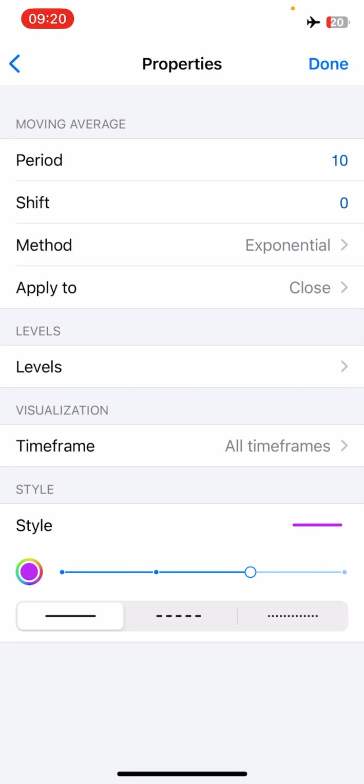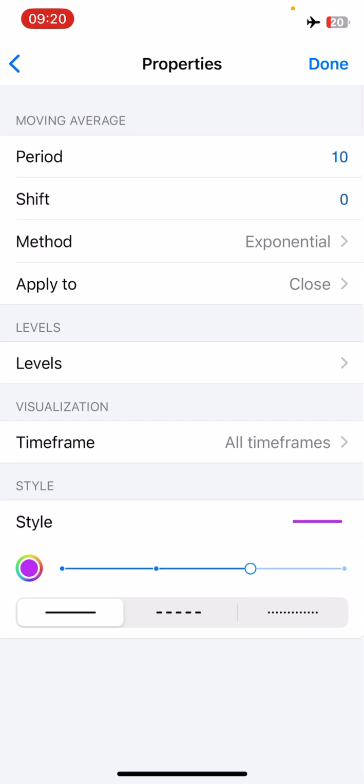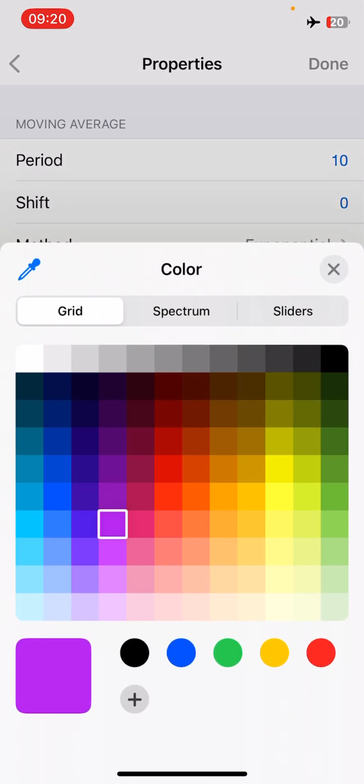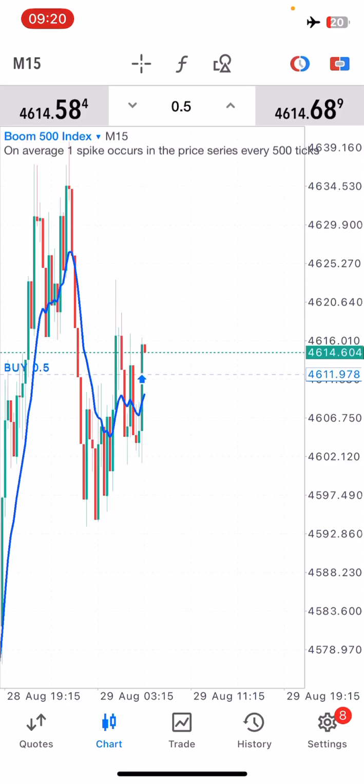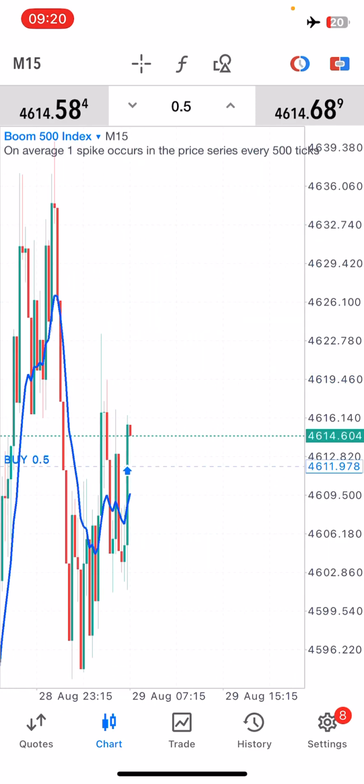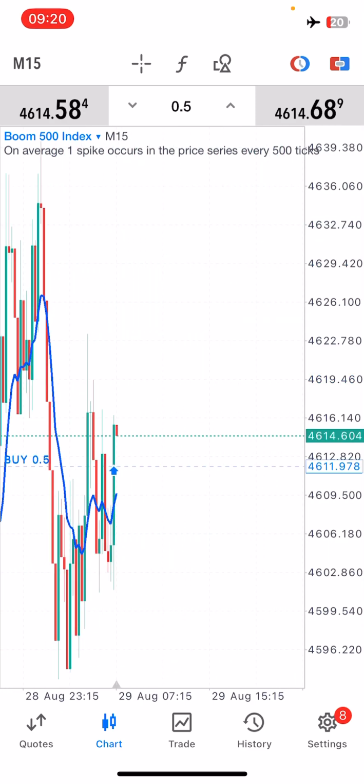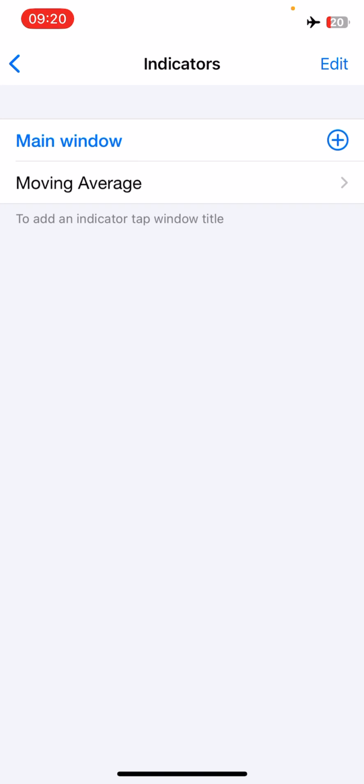We're going to need a period of 10, a shift of 0, a method of exponential, apply to close, and for the style, I'll just change this one to blue so that you guys don't get confused. So these are the final properties of the first indicator that we need. I'm going to click on done, and as you can see, we'll have that blue line added onto our chart.